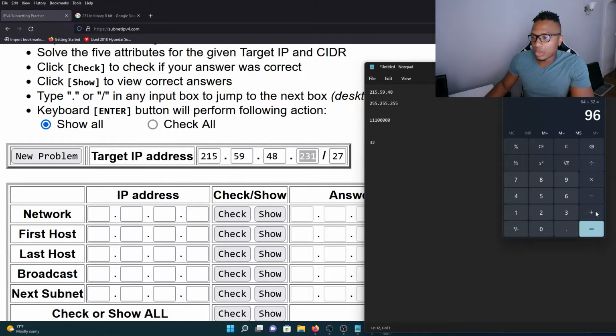Plus 32, still no, still not there yet, so plus 32. All right, so we're at 224. By looking at the number, I already know plus 32 is going to be more than 231. But this is where we stop. We have our address. It's going to be this, 224.